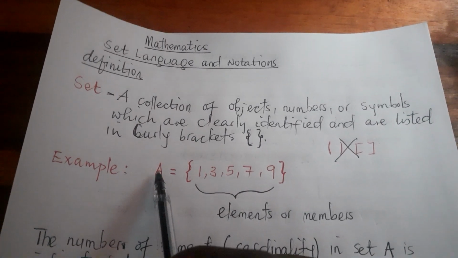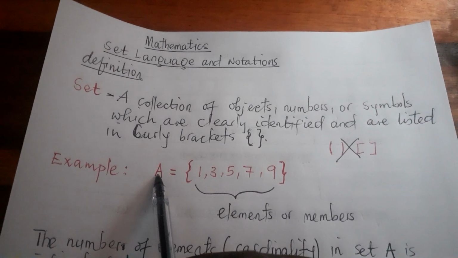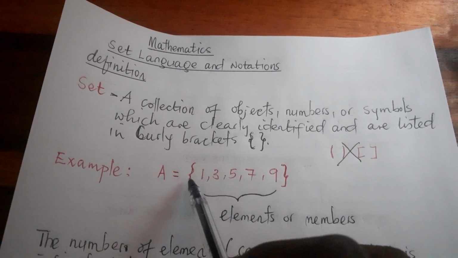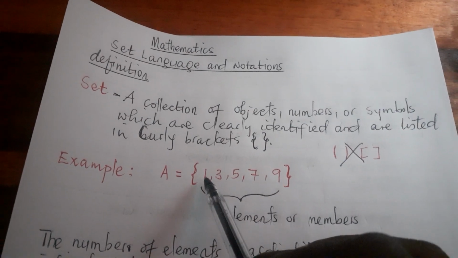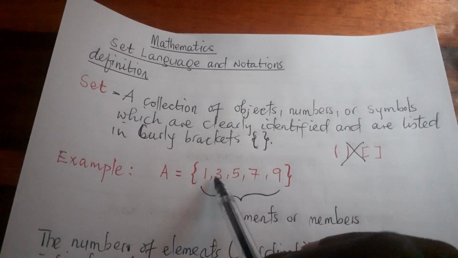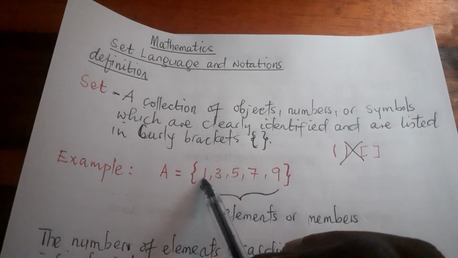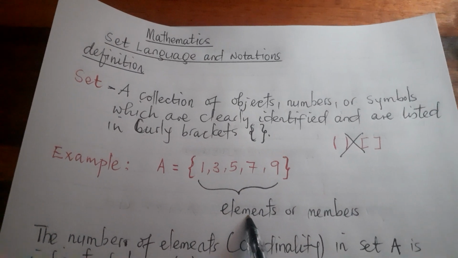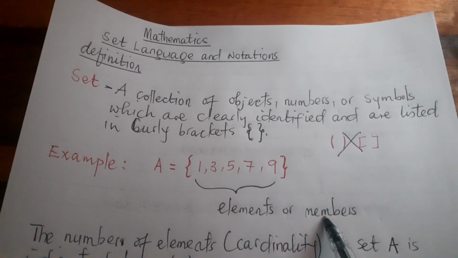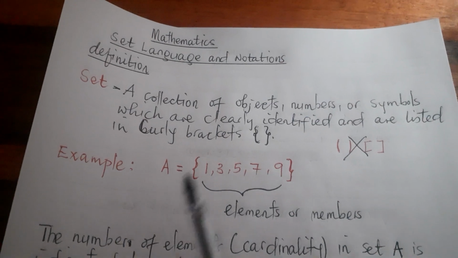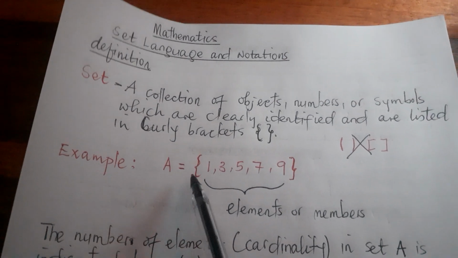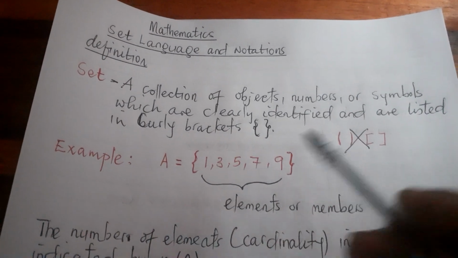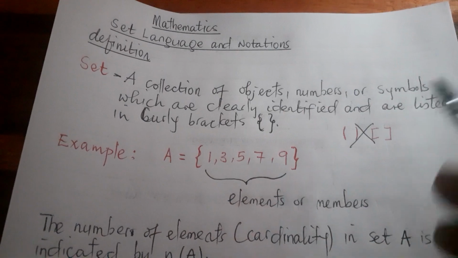Like in this case, we say set A has elements, and you can also see we are using curly brackets, and then either the symbols or the letters or the numbers inside the curly brackets are called elements, or you call them members of the set. Looking at this example, set A has these elements. When we are listing the elements, they are usually divided by a comma.